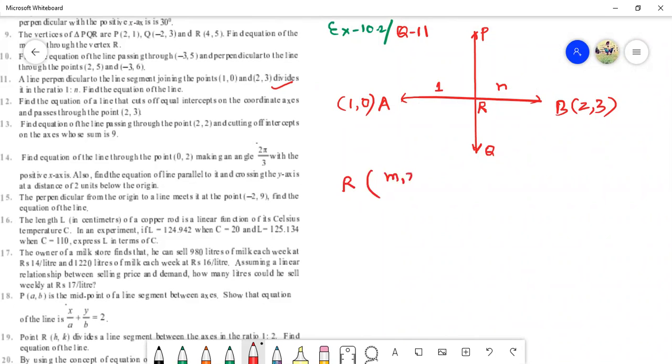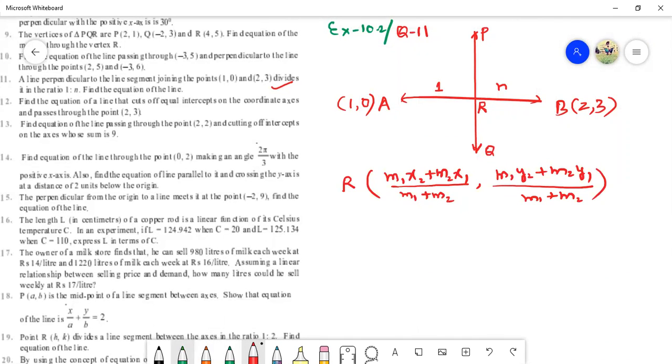The x coordinate is m1x2 plus m2x1 upon m1 plus m2, and the y coordinate is m1y2 plus m2y1 upon m1 plus m2.